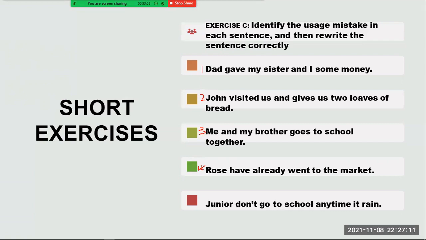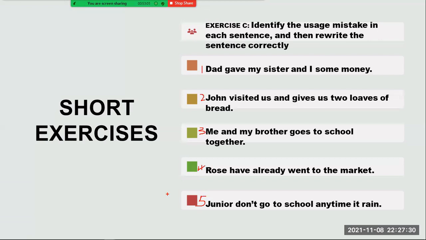Number 4: Rose have already went to the market. Number 5: Junior don't go to school anytime it rains. All right, so we will pause for a while.